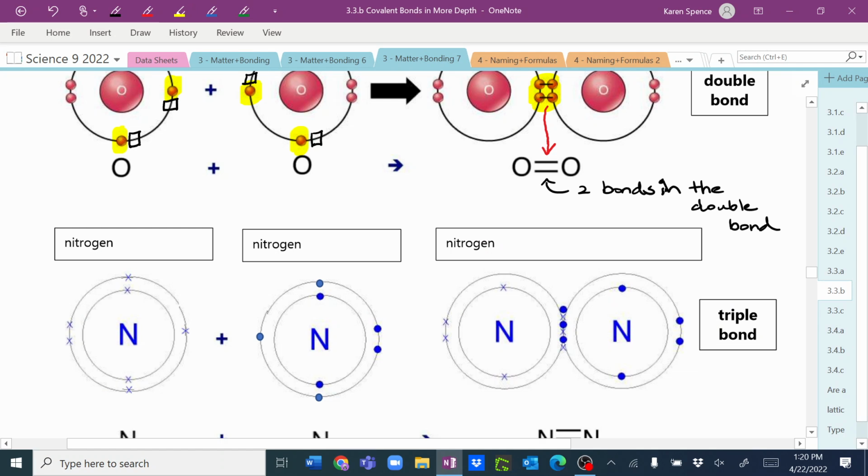And finally, we have a nitrogen atom and another nitrogen atom. And they get together and they form a nitrogen molecule.